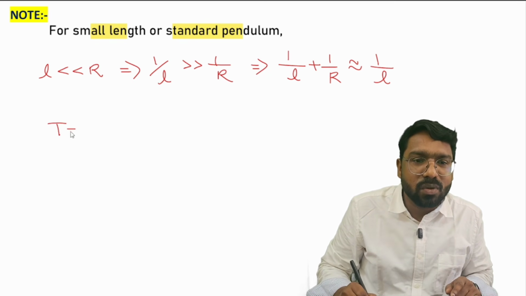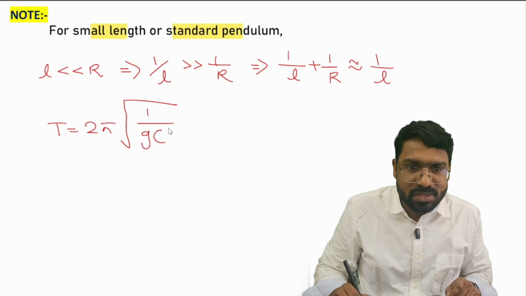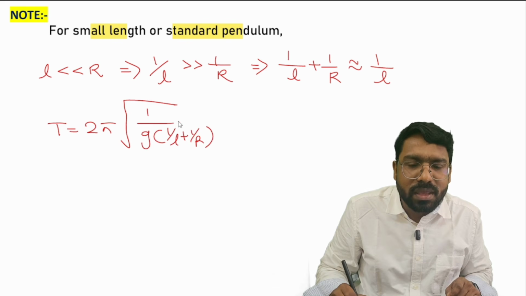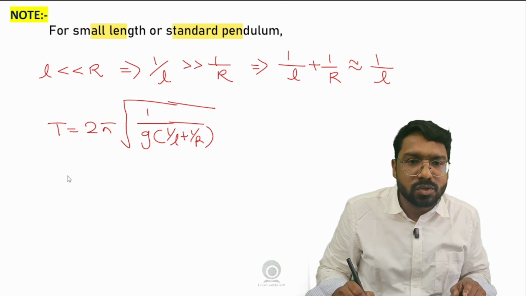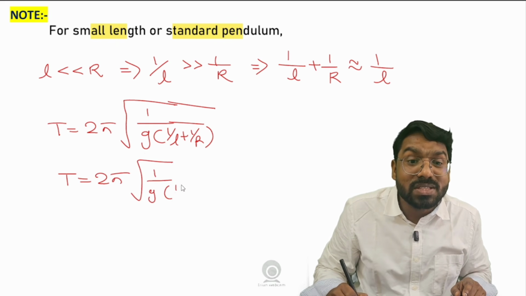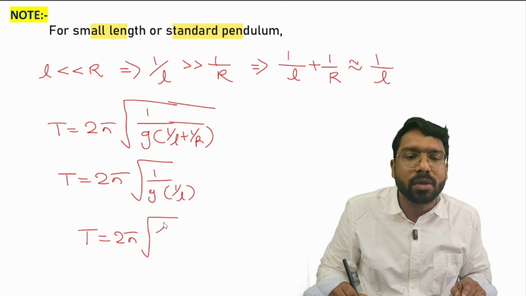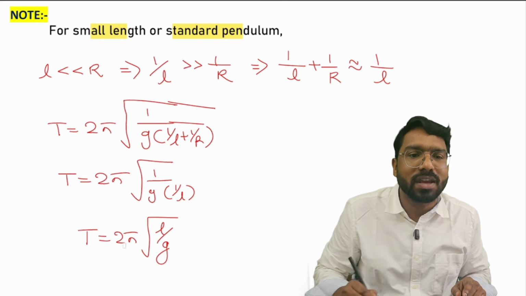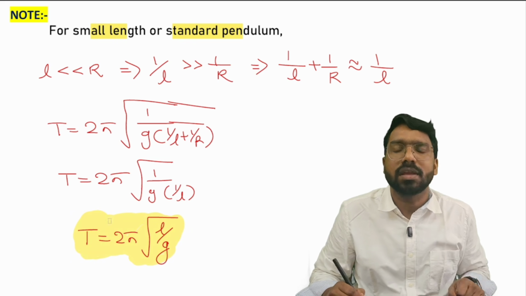So in the time period equation, T equal to 2 pi root 1 by G into 1 by L plus 1 by R, we are making 1 by R as 0, so 1 by L plus 1 by R becomes 1 by L. So T equal to 2 pi root 1 by G into 1 by L. L will go to the numerator, so we get T equal to 2 pi root L by G. From the large length pendulum time period formula, we derived this.